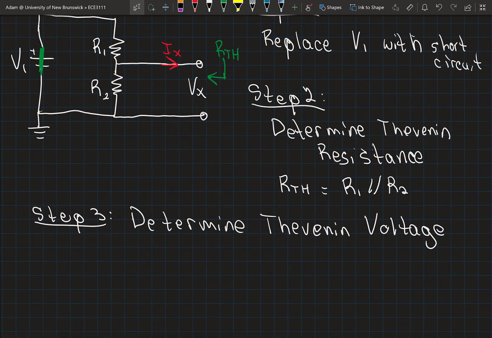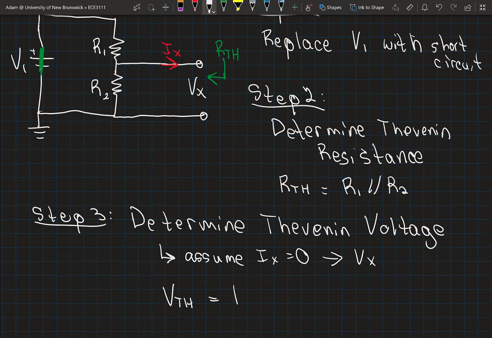The Thevenin voltage is calculated by calculating the voltage at this point Vx, assuming Ix is 0. So we assume Ix equals 0, and then find Vx. So we're going to call this V Thevenin, and that's again the simple voltage divider rule that we started this lecture looking at.